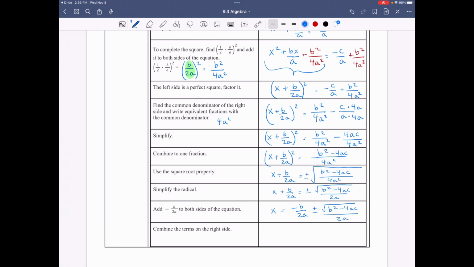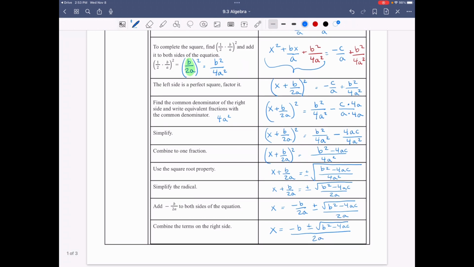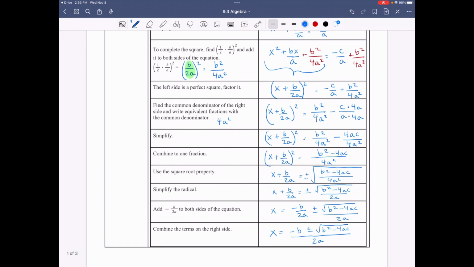And the very last step, so we already have it as x equals, which is completely fine, but we can simplify it a little bit further to this. Negative b plus or minus the square root of b squared minus 4ac, all over 2a. And that is the quadratic formula.